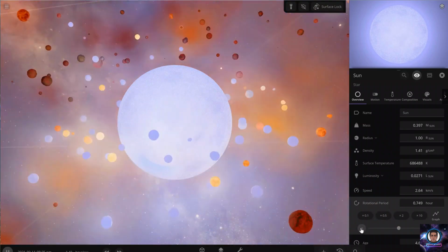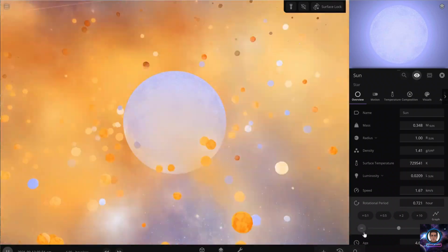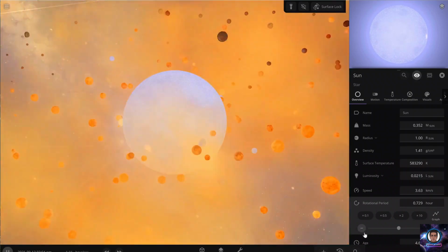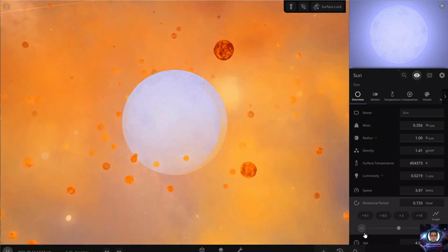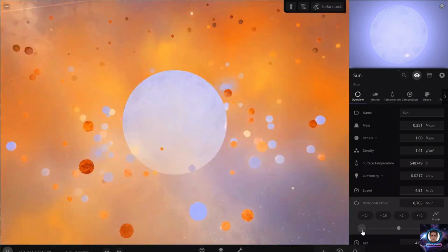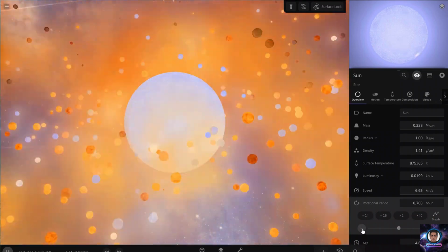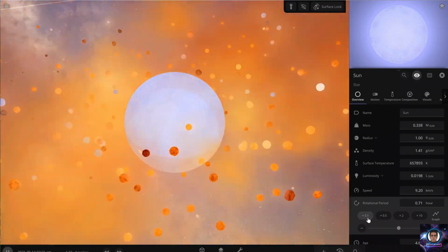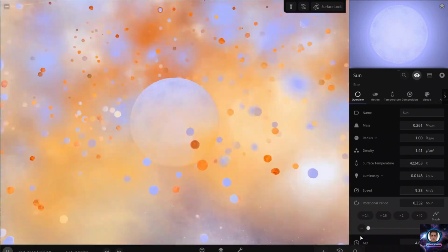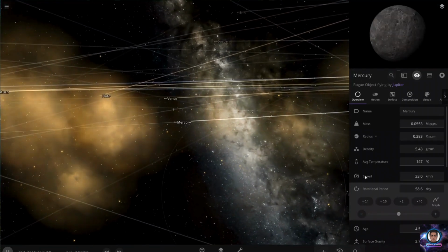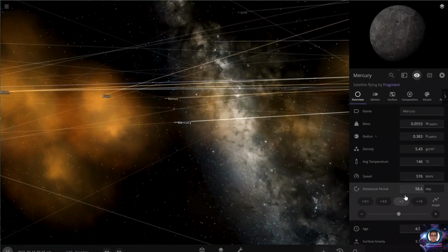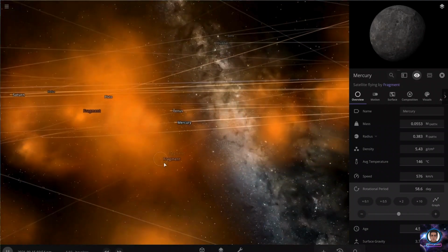Let me continue. So we can see when the sun is destroyed completely. This is the point. I think we lost it completely.